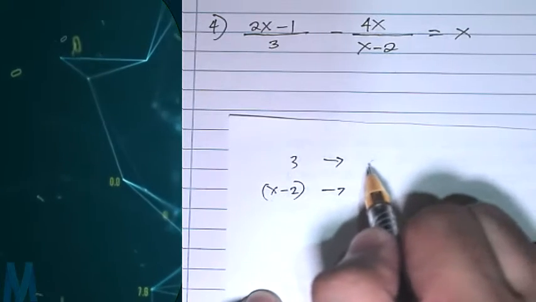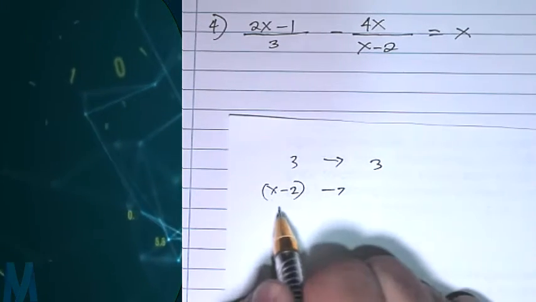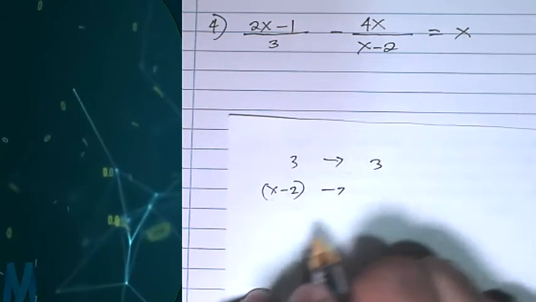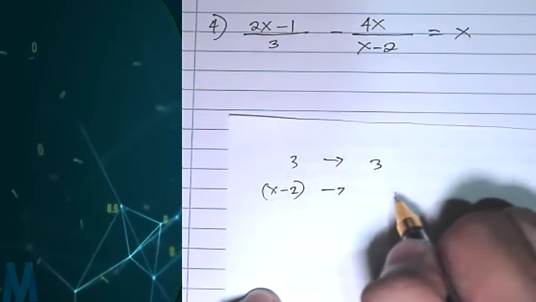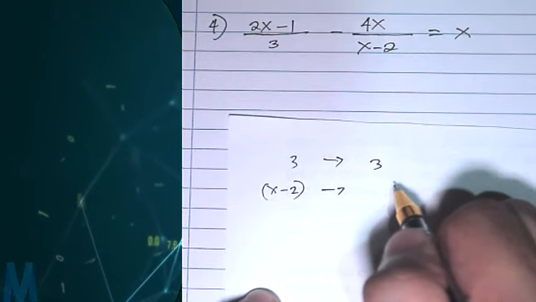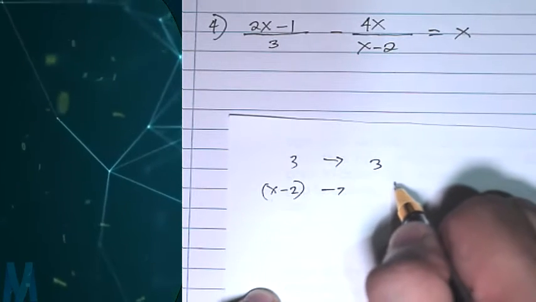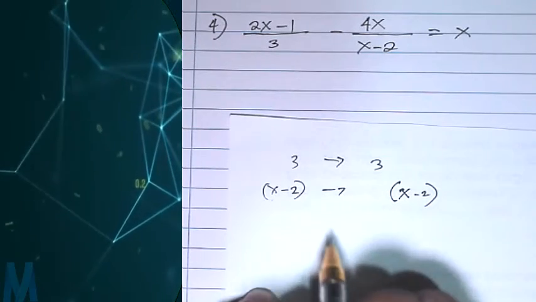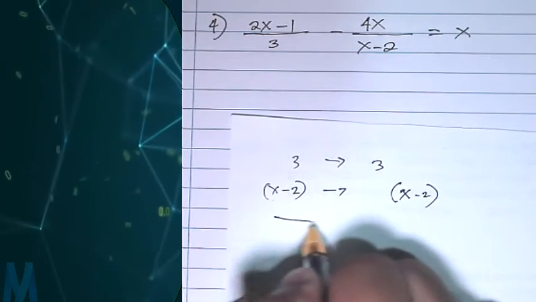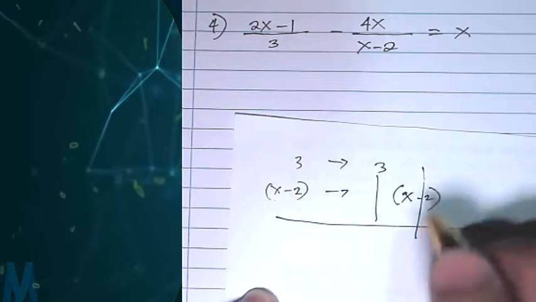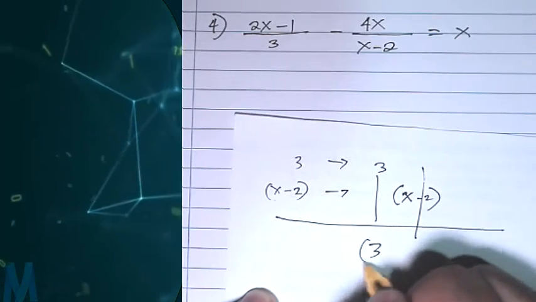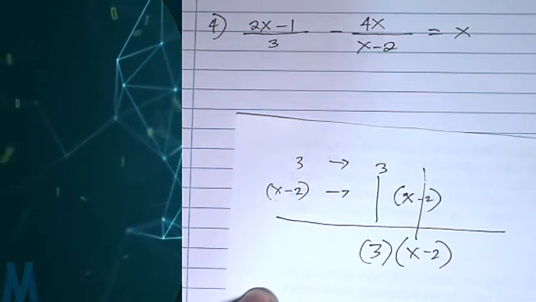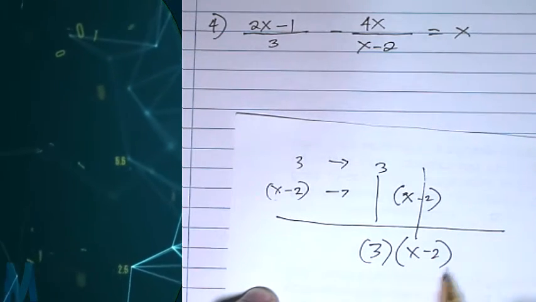So the prime factorization of 3 is 3, while the prime factorization of x minus 2 is x minus 2. Okay? Then bring down all the factors. You have 3 and x minus 2. So that's our LCM.